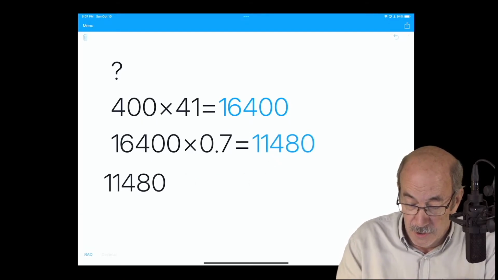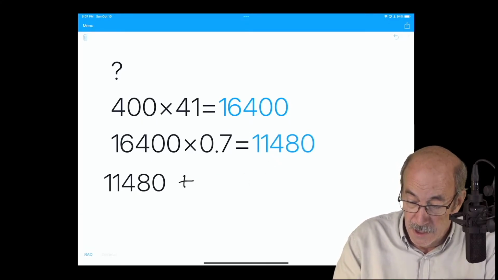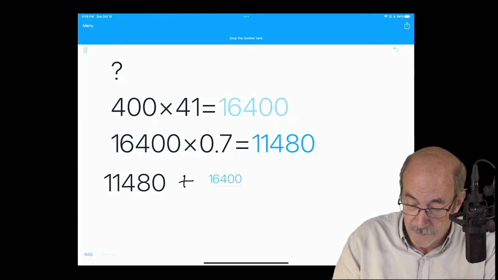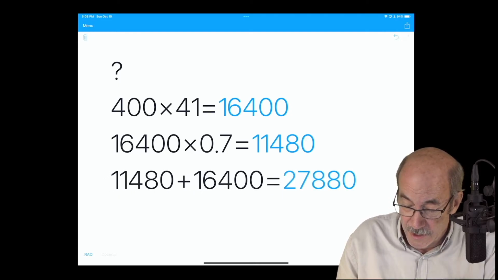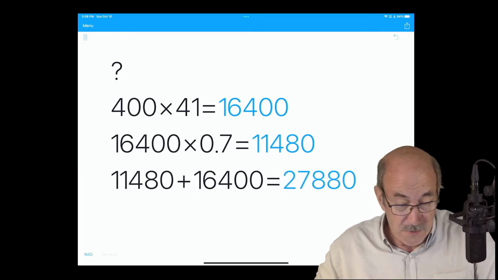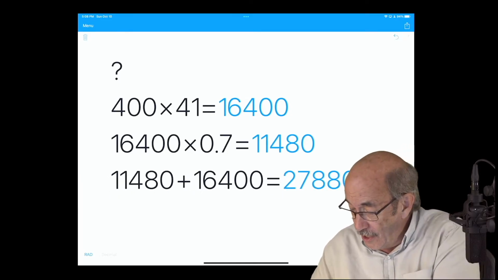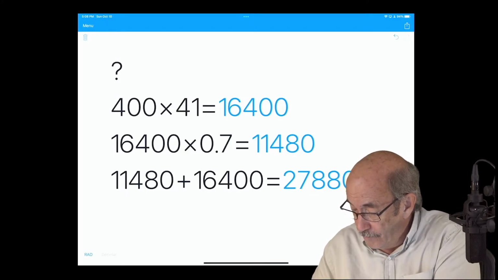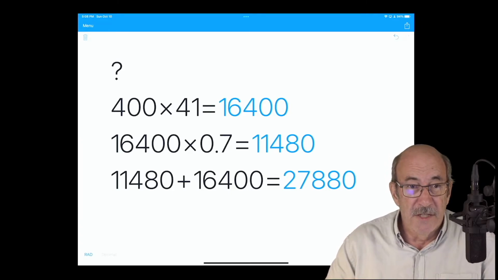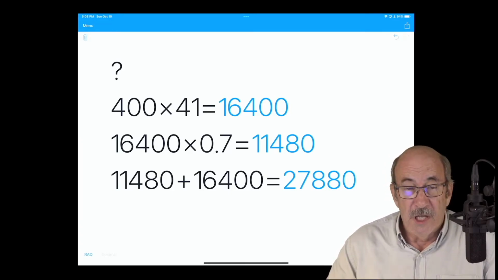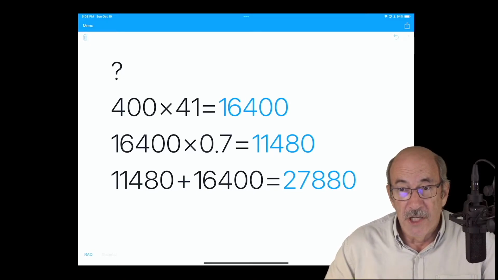So the total assets are going to be 27,880. We know that that's a cash balance, and it's going to stay 27,880 unless we get a margin call and deposit more money in there.